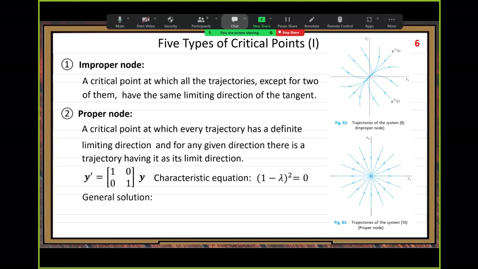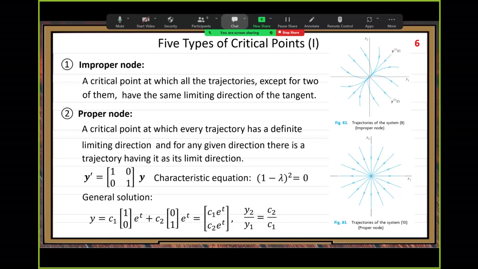If you write the general solution with C1, C2, you can see y2 over y1 is constant: the slope equals C2 over C1. But in this simple example, there is a problem.